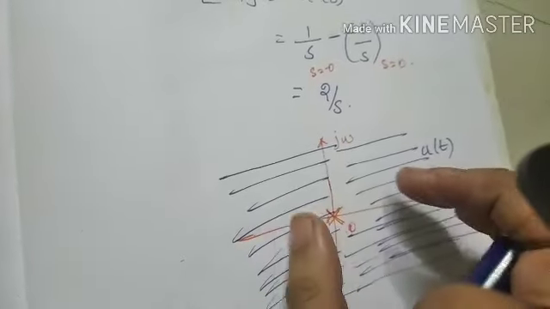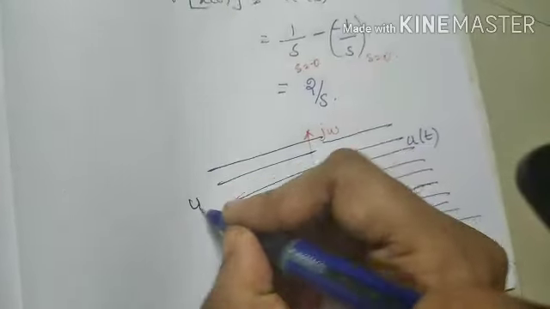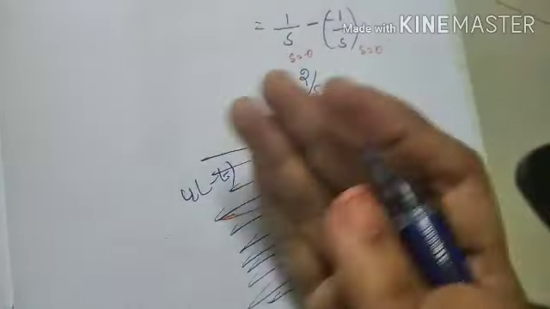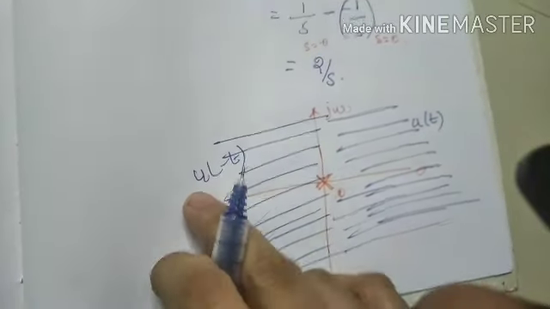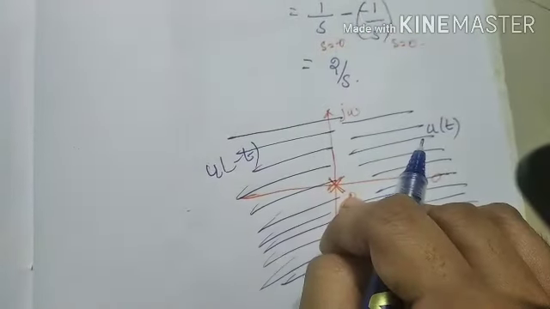For u of minus t, which is a left sided signal, the region of convergence is on the left side of this pole, s equal to 0. So the region of convergence will be left of this pole 0, right?